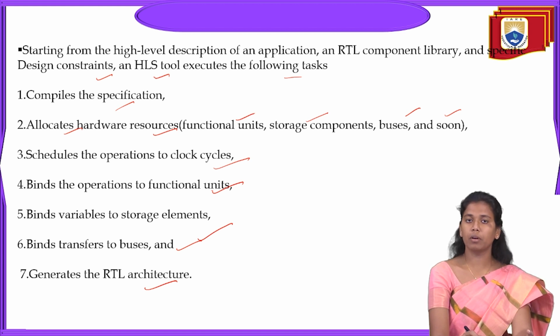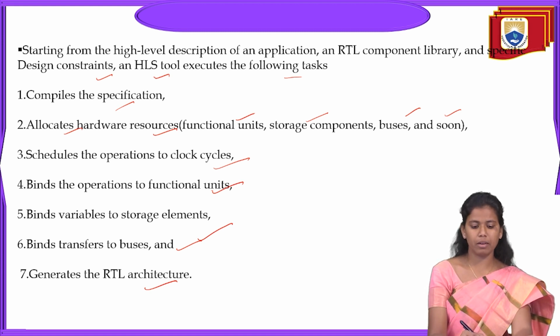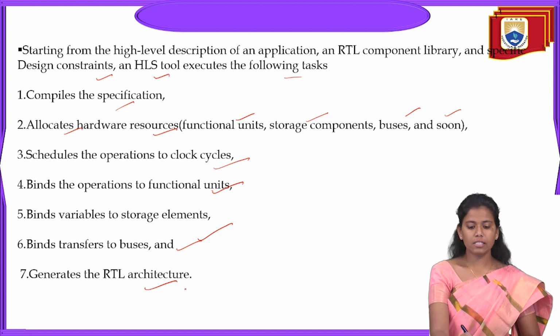The third step is scheduling, and the fourth is binding each module. That means the connection of each hardware module is done in the 4th, 5th and 6th steps. The last step is generating the RTL schematics, or the RTL architecture.